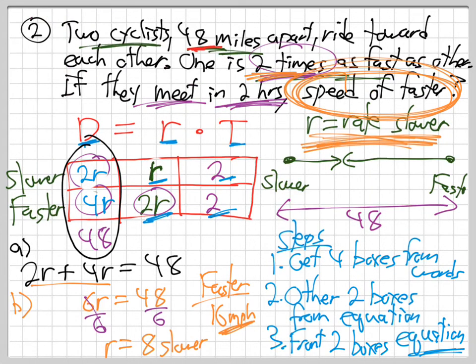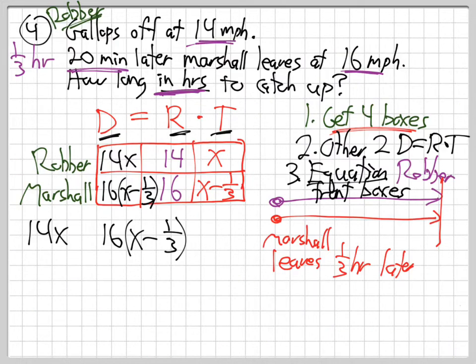I said, the third step, front 2 boxes, some kind of equation. Notice I didn't say add or subtract. It can change. So what's it going to be? Equal sign? You mean just put an equals right between them like that? I think it's subtraction, don't you have to find the difference?